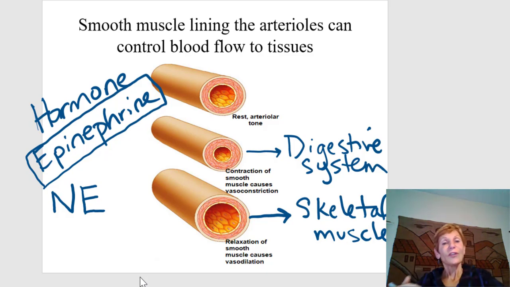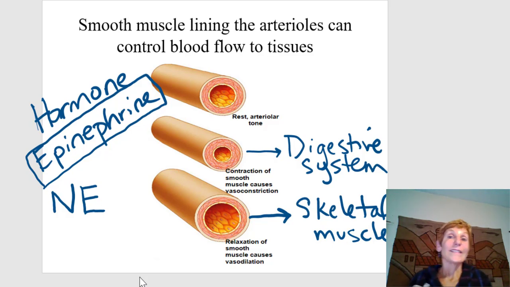So these two molecules have multiple roles in the body, and they're mainly roles of fight or flight. Okay, and so if epinephrine is acting like a hormone, it'll go through the bloodstream and act on certain tissues, and norepinephrine can do that as well.